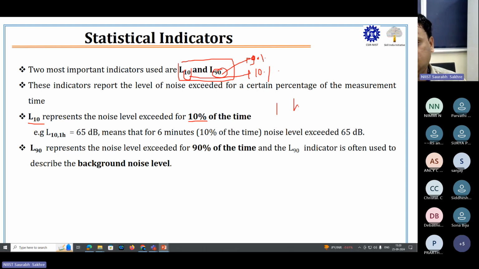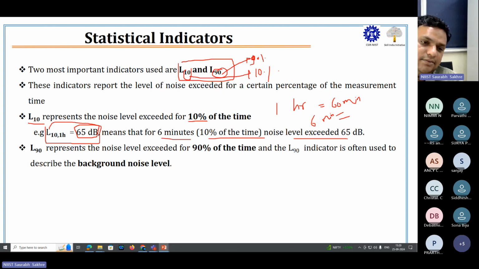When I say 10% of the time, it means 6 minutes, since 10% of 60 is 6. So for 6 minutes, the noise was more than 65 decibels. That is what L10 represents. When I say that L10 1 hour is 65 dB, it means that for 6 minutes, 10% of the time, the noise level exceeded 65 decibels.